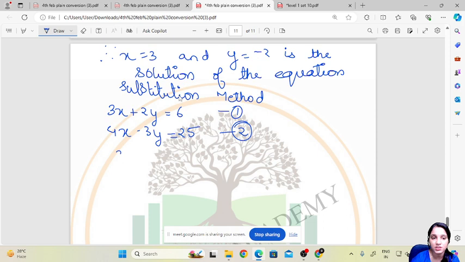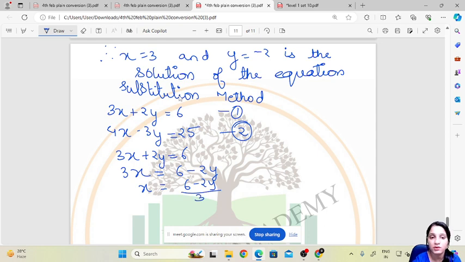Now take the first equation, 3x plus 2y equal to 6, and get an equation in terms of x. So first it will be 3x equal to 6 minus 2y. Then it will be x equal to 6 minus 2y upon 3.